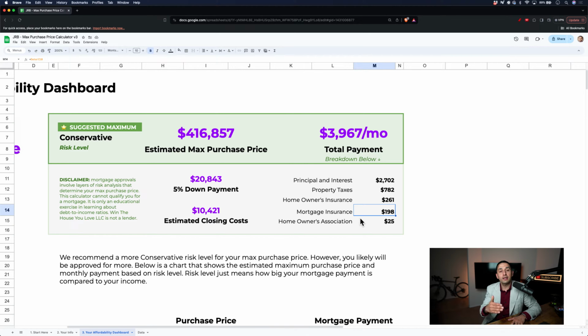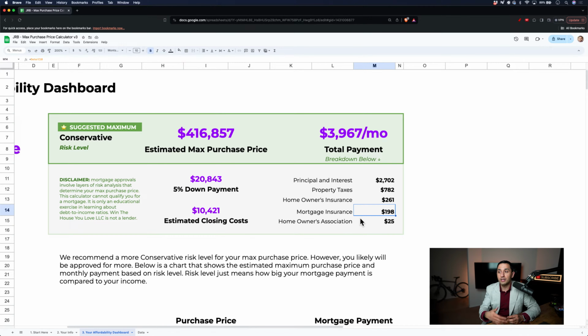But given that we put 5% down, we're paying mortgage insurance. The reason being is because the bank is saying, well, you put 5% down, I'm putting 95% into this property. You don't have enough skin in the game. So what I'm going to do is I'm going to tax you.